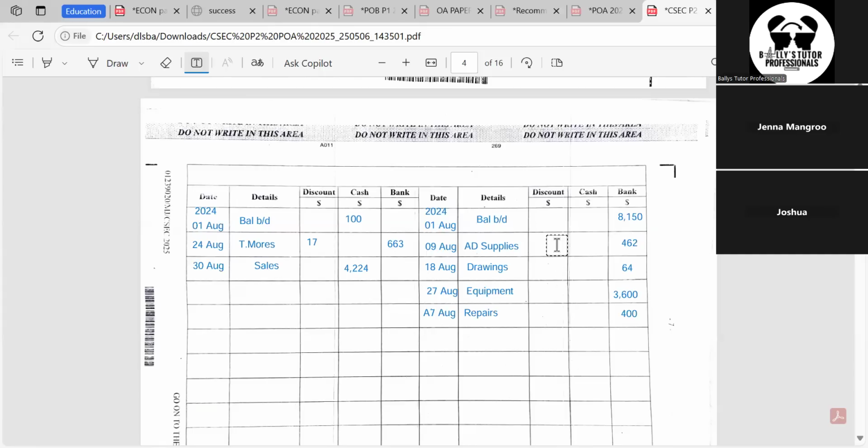Is our cash increasing or decreasing? The cash, not the bank, the cash. Is our cash increasing or decreasing if you transfer any cash to the bank account? Decreasing. So what will we do to cash? Credit it, right? Yes, credit.